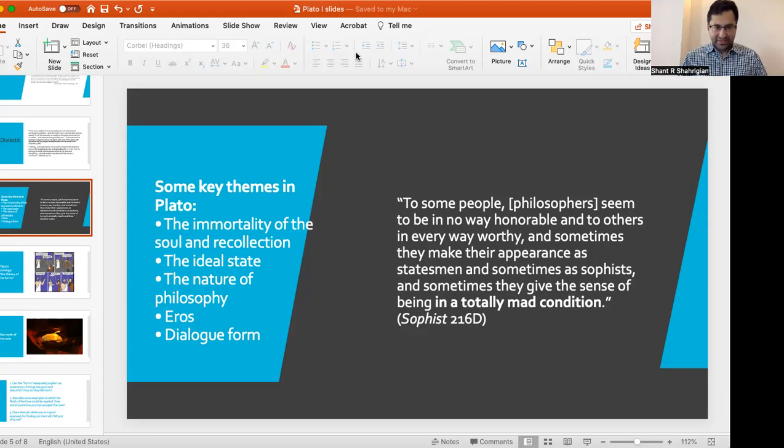The nature of philosophy itself is also a recurring concern in the Platonic dialogues. Socrates is presented as the major example of what a philosopher is. Philosophy is not only radically questioning, but also a way of life. There are different biographies about who Socrates was and what he did.